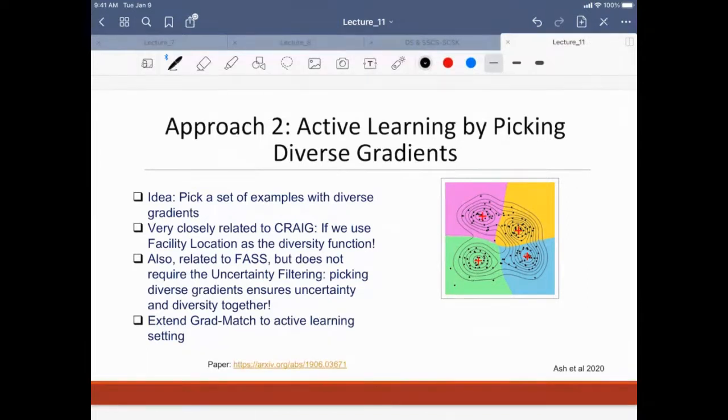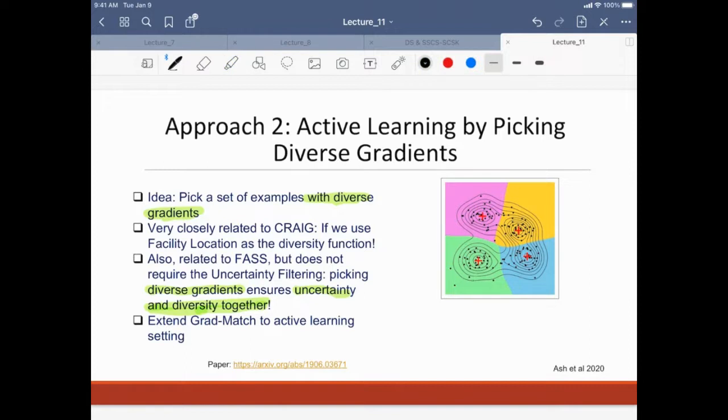The idea is that if you pick a set of diverse gradients, you are naturally doing uncertainty and diversity together, because when you pick diverse gradients, you're also picking gradients with a higher magnitude, and correspondingly those points will be more uncertain.